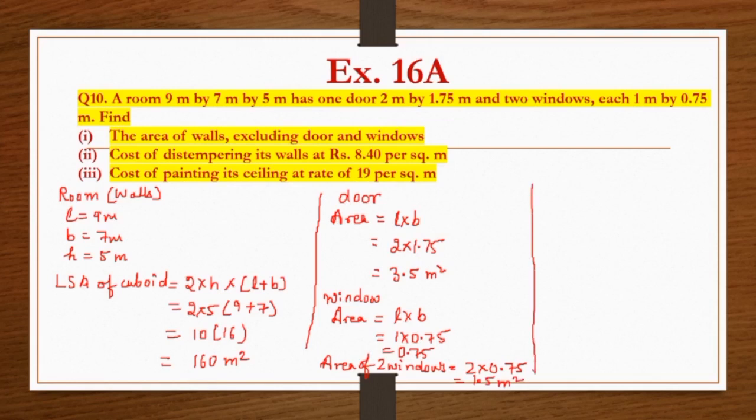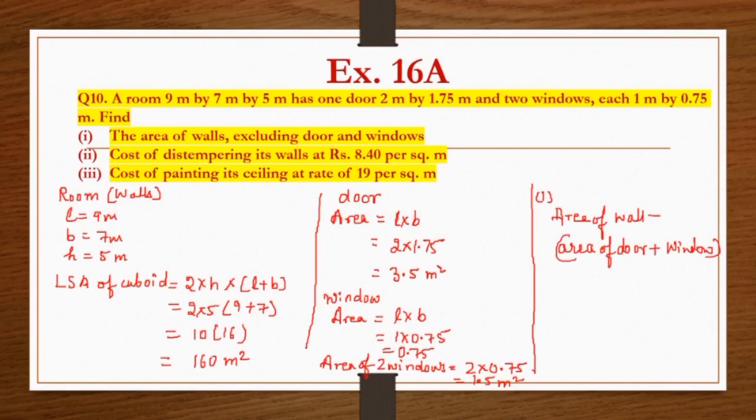Now required area, or we can say the area of walls excluding the door and window. So that will be area of wall minus area of door plus window. So let's solve this.